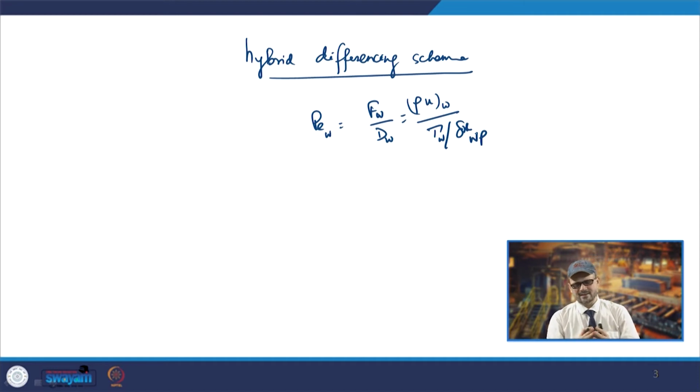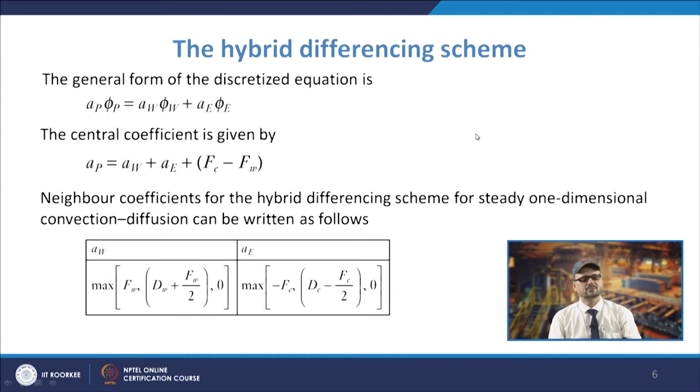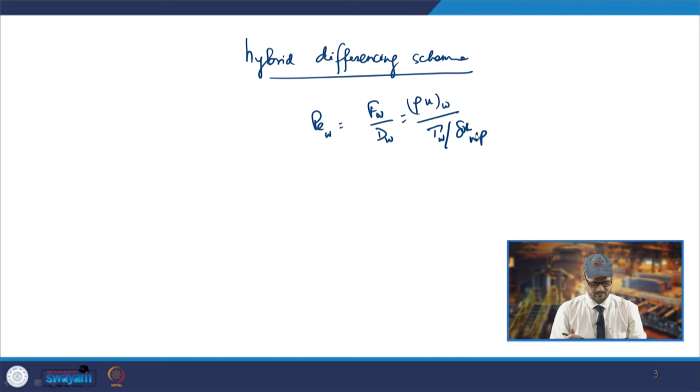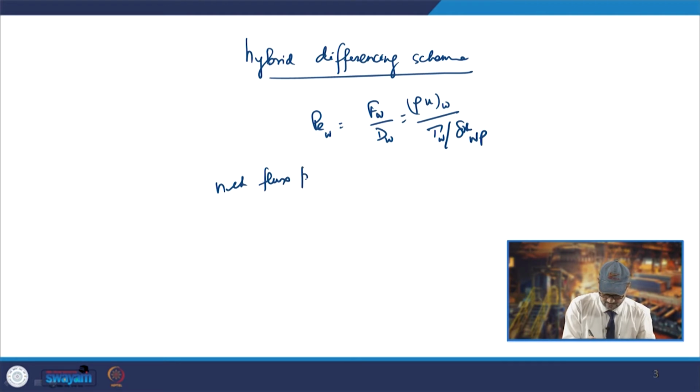Now, in the case of the hybrid differencing scheme, we find the net flux per unit area through the west face.